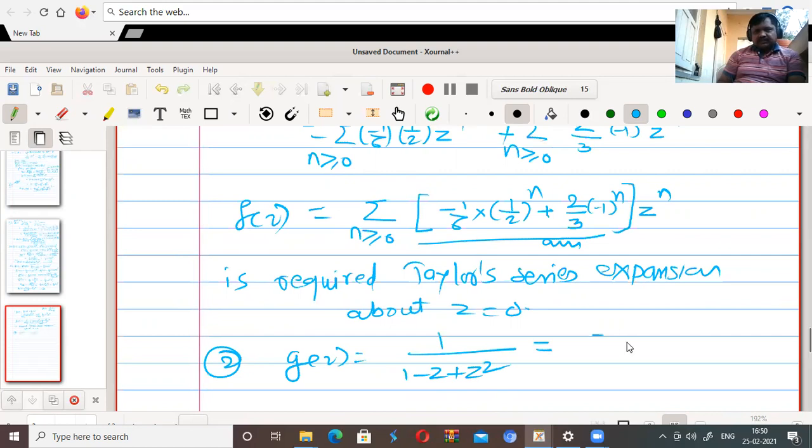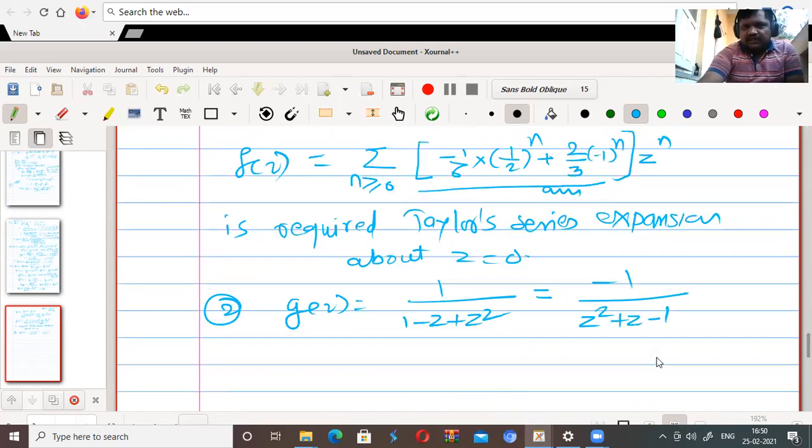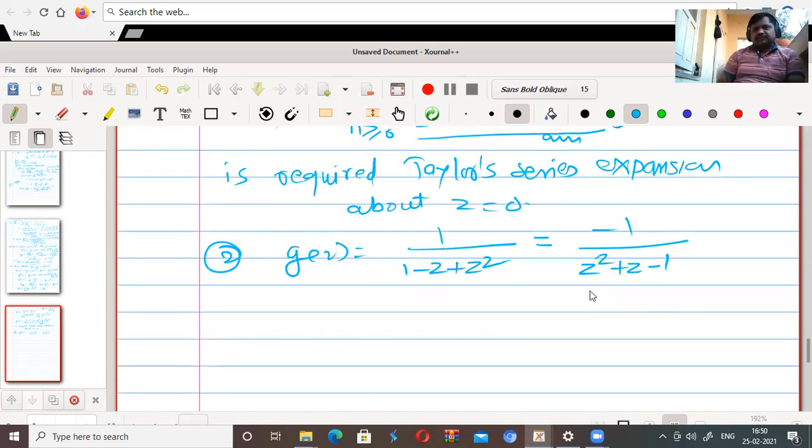We can write it as minus 1 upon z square minus z minus 1, but it is not in perfect root form. Okay, so I will write it as 1 upon z square plus z plus 1 by 4 minus 1 by 4 minus 1.